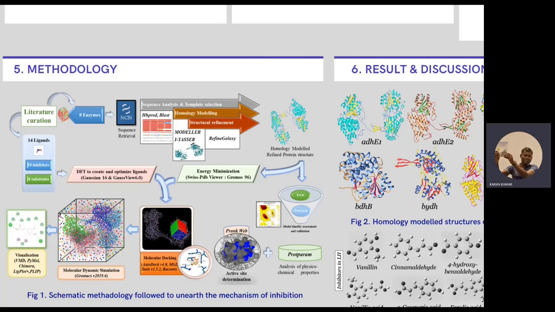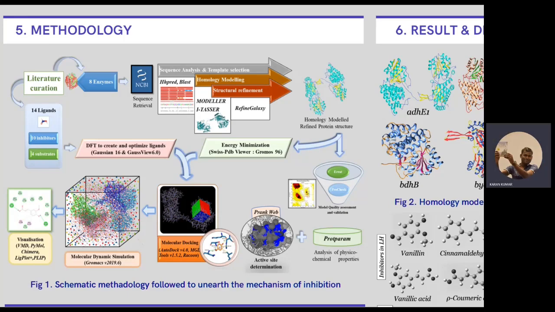Further, the structural refinement of the models produced from Modeller and I-TASSER was performed using GalaxyRefine. And then they were further assessed and validated using different web servers such as ERRAT and PROCHECK. We further analyzed the Ramachandran plot of these enzymes also.